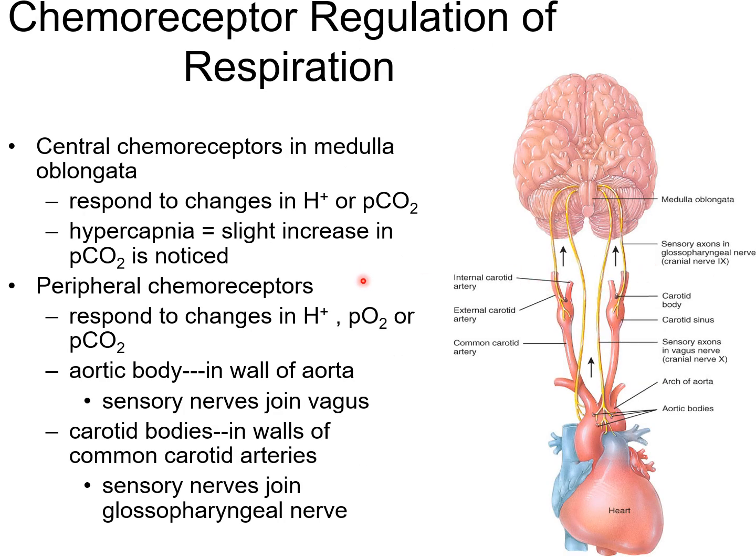The last comment I want to make is on the chemical regulation of our respiration and our inhalation and exhalation. In the lab, we'll come back to this a little more. So, in addition to the effects of the nervous system, we do have ways to monitor carbon dioxide and oxygen content in our blood.